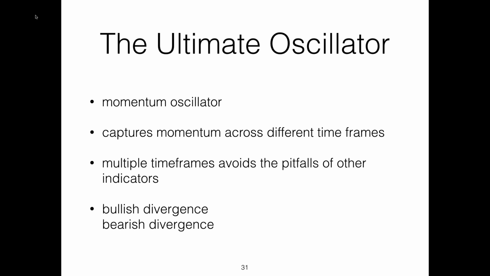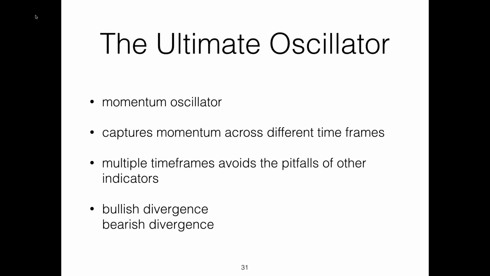What happens with other oscillators like the RSI is that when a strong price movement happens, they start forming bearish divergences as the move is happening because they are stuck in one time frame. The ultimate oscillator tries to avoid this problem by incorporating longer time frames into the basic formula. So a buy signal is based on a bullish divergence, while a sell signal is based on a bearish divergence.